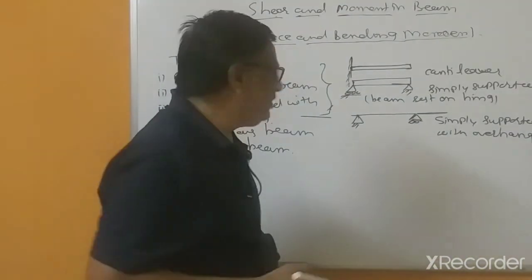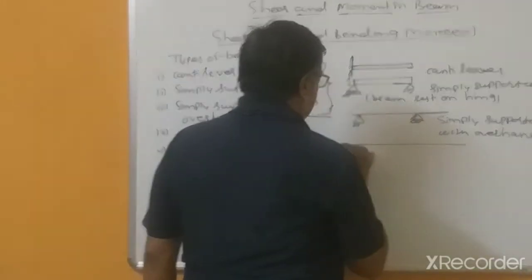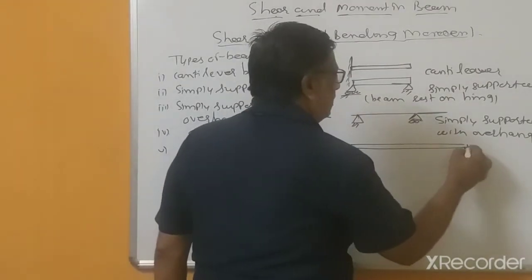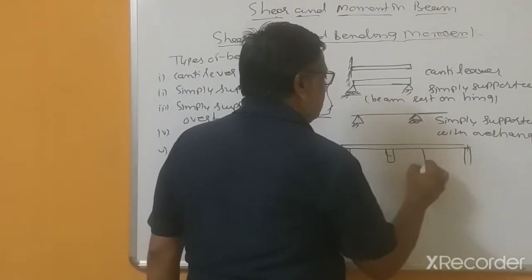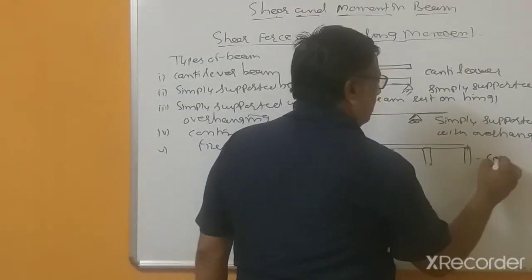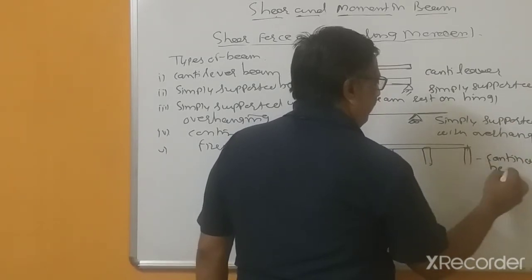Now continuous beams means there are more than two supports, so this is called a continuous beam.